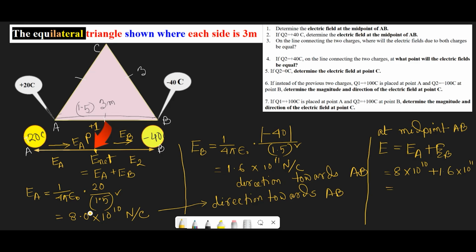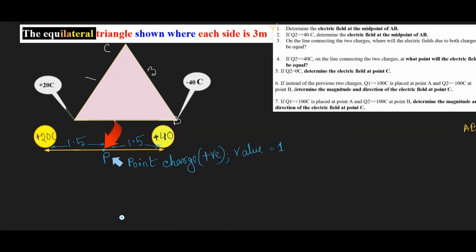So the value will be 2.4 into 10 to the power 11 Newton per Coulomb. So at the midpoint of AB, the total electric field will be 2.4 into 10 to the power 11 Newton per Coulomb.